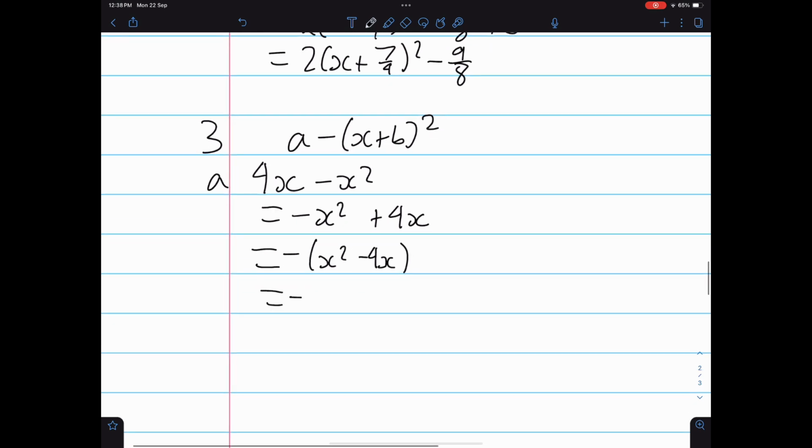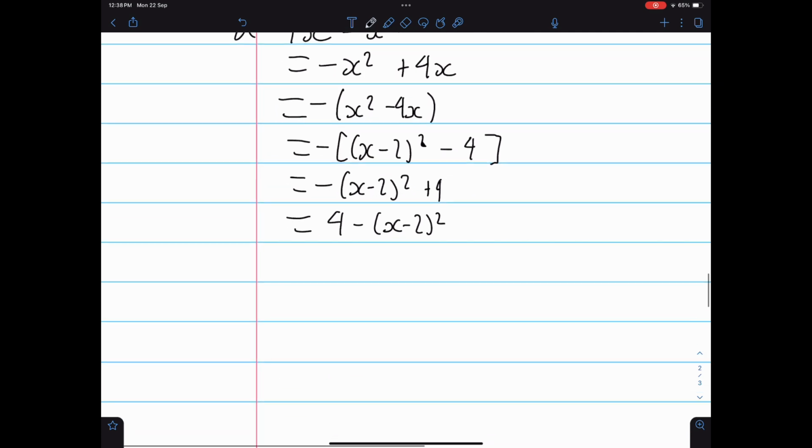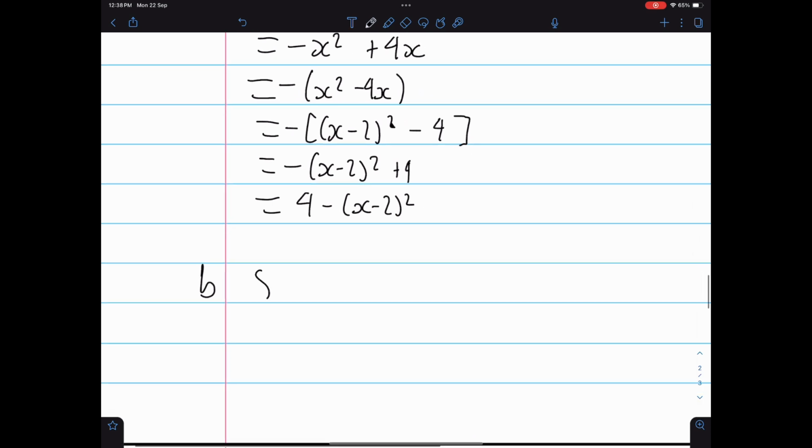Then I would complete the square. Then I would expand, and then I would rearrange. Now this way of doing it just reduces the chance of error and makes the working much clearer, and you don't get confused. But you may have a different way of doing that.